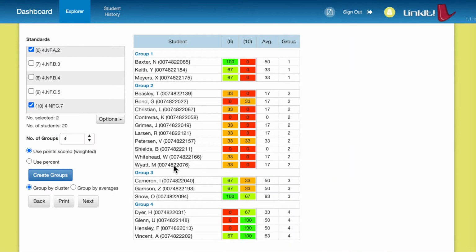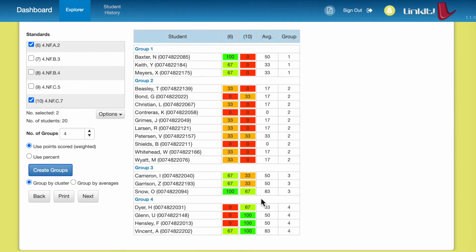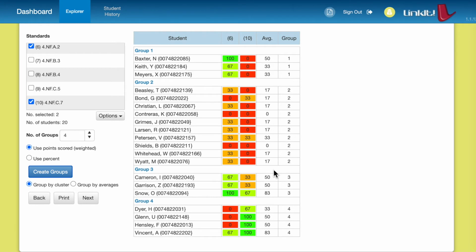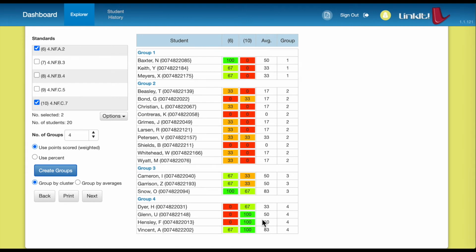I go to 4 groups, and what I see is that I have varying levels of understanding on these 2 standards before I can move forward into a new unit. Here I've got group 1, which has a fairly good understanding of standard 6, not so much on standard 10, whereas this group understands standard 10, but not so much on standard 6.